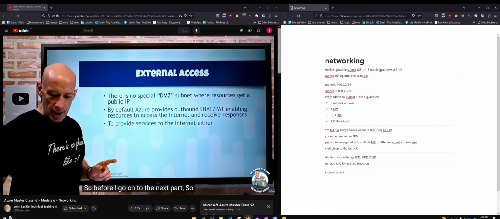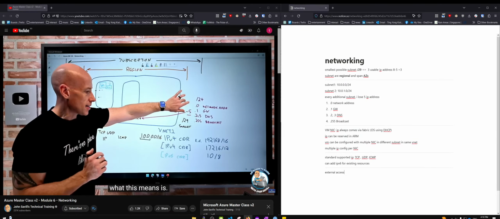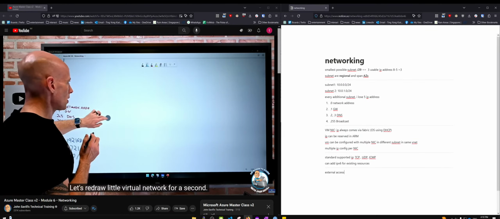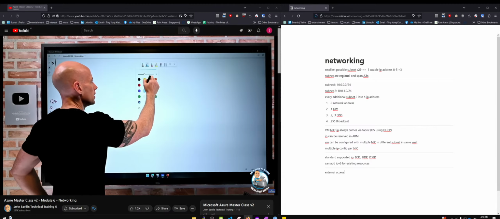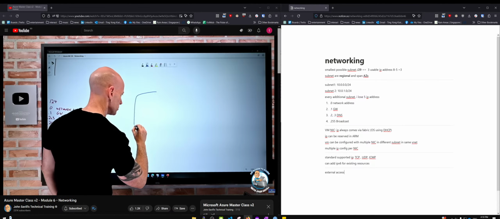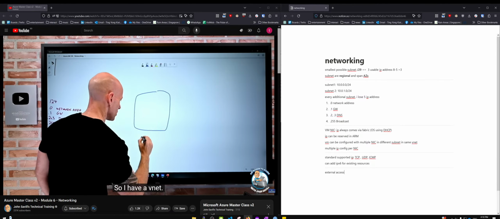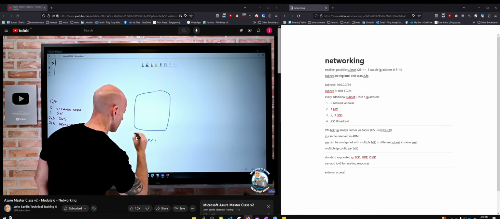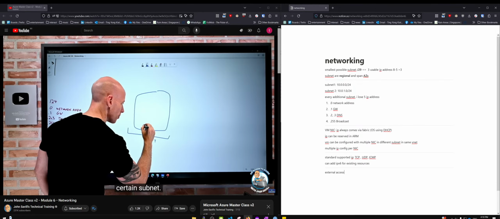So before I go on to the next part, let's redraw our little virtual network for a second. I have a virtual network, I have a VNet, and then within the VNet I have a certain subnet.